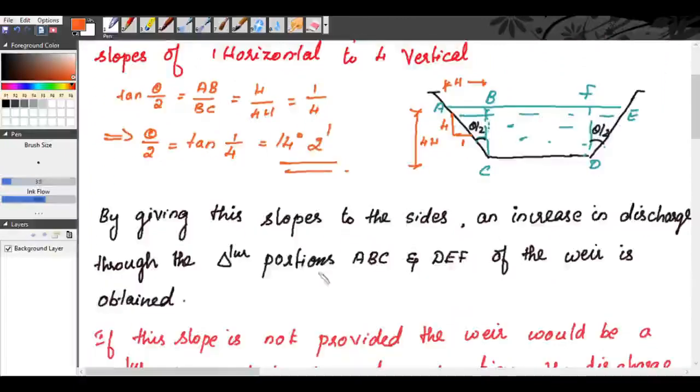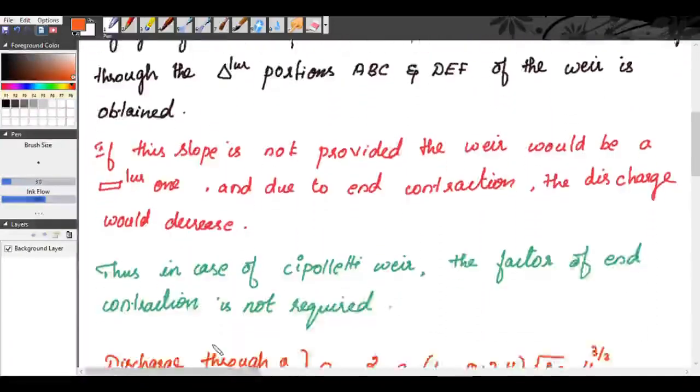By giving this type of slopes to the sides, an increase in discharge through the triangular portions ABC and DEF of the weir is obtained. An increased discharge is obtained only if you provide a slope of at least 1:4.